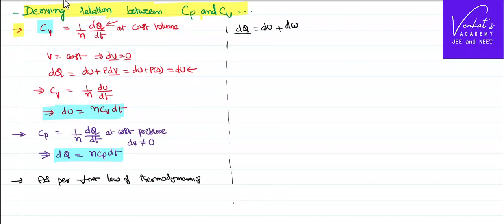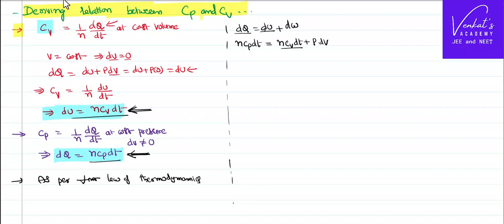But in the place of dq, I can substitute this value that is derived from Cp. In the place of du, I can substitute this value that is derived basing on the definition of Cv. Let's do that. So in the place of dq, n Cp dt equal to, in the place of du, n Cv dt plus, in the place of dw, as per the definition of the work done, I can write pdv.